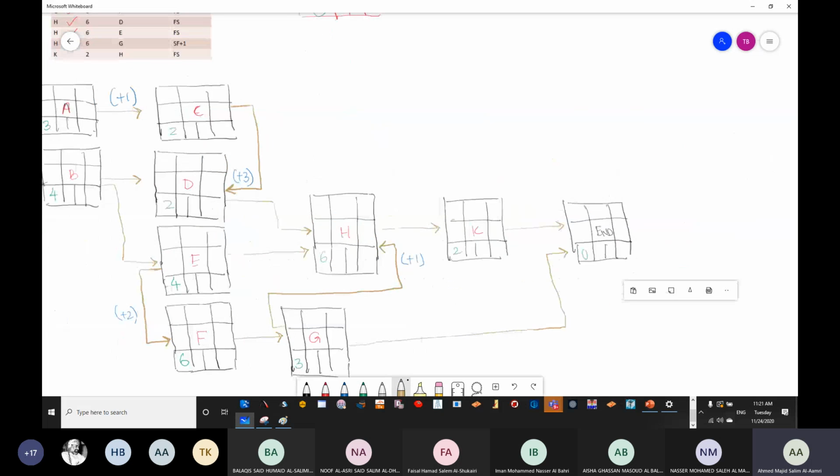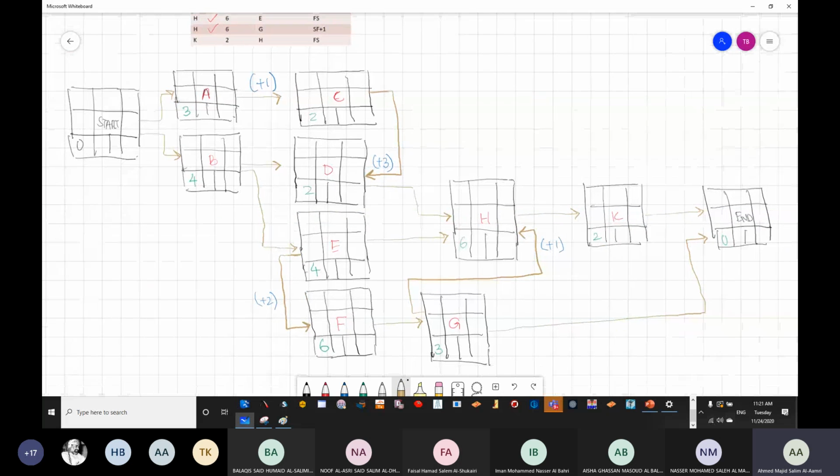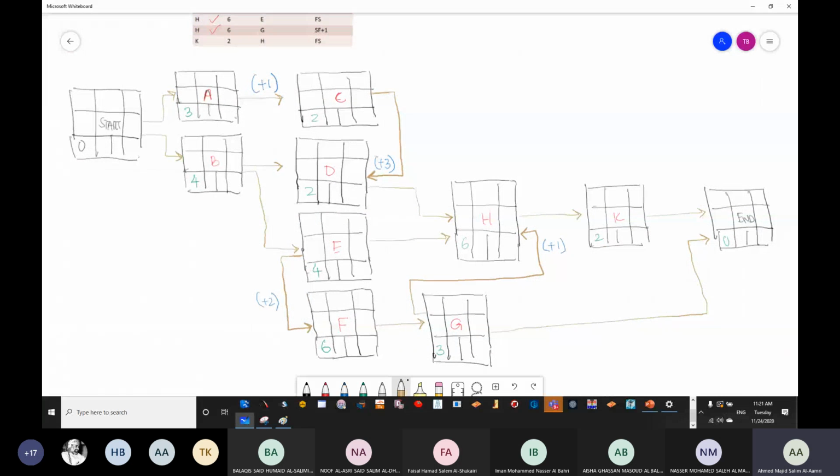Now you can see it's not hard, but it requires a lot of concentration. Now I'll try to solve the forward path, and I'll explain it in detail next class, or the other lecturer is going to explain it next class.